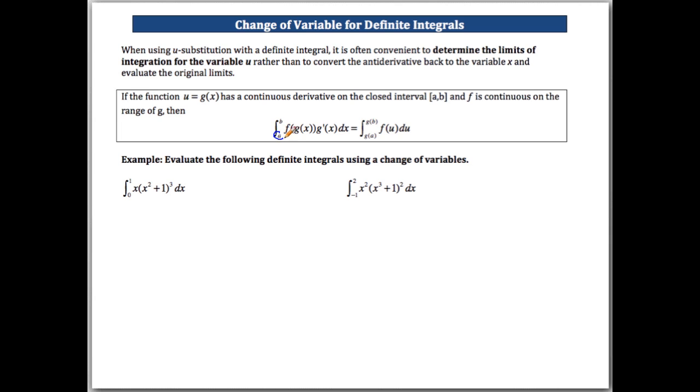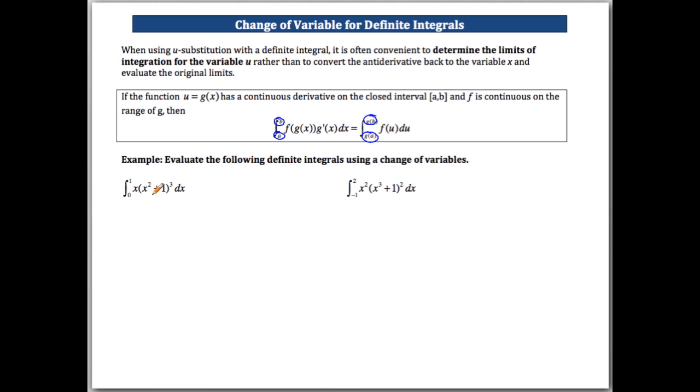So a here is going to become g of a, and then b is going to become g of b, and then once we find this integral, we can evaluate it using our new limits without changing the integral back in terms of x.